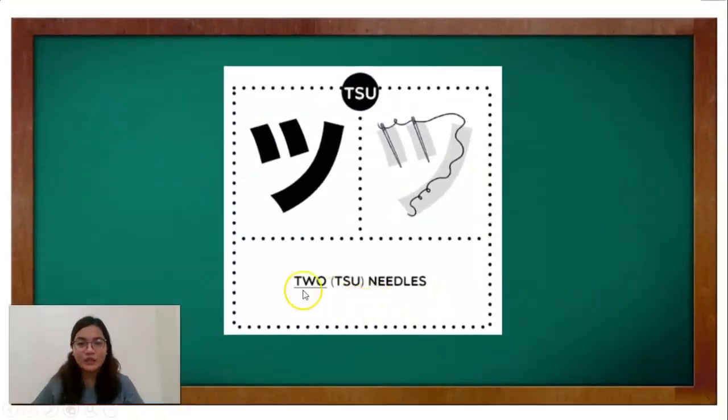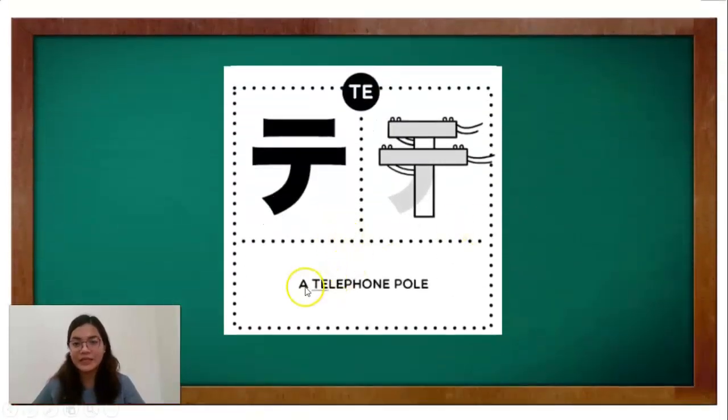Next, tsu. Like two needles. So tsu as in two. Next up is te. A telephone pole.